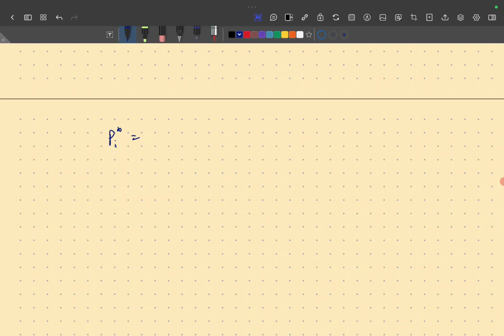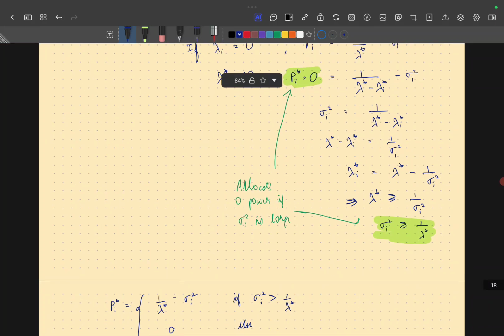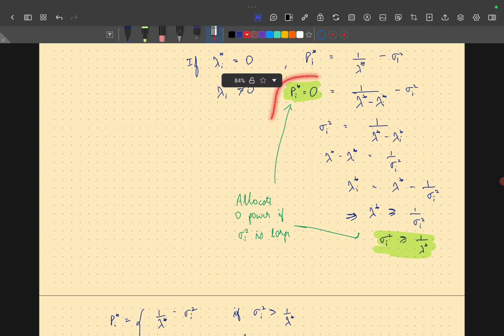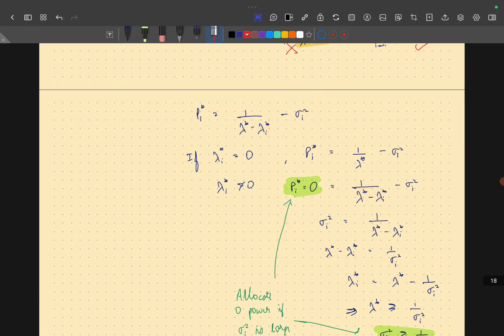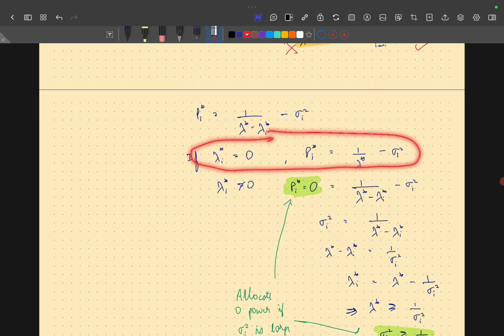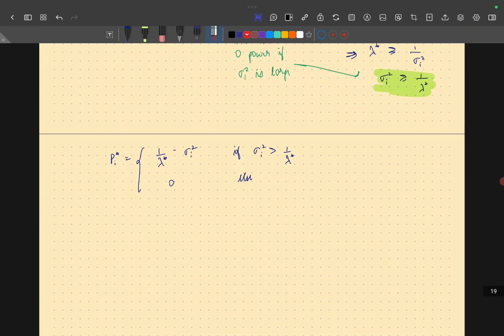So pi star is equal to 1 by lambda star minus sigma i square if sigma i square is less than 1 by lambda star, and it's equal to 0 otherwise. The second part I got from here, and the first part I got from here, just by analyzing the corresponding complementary slackness conditions and some of the others.